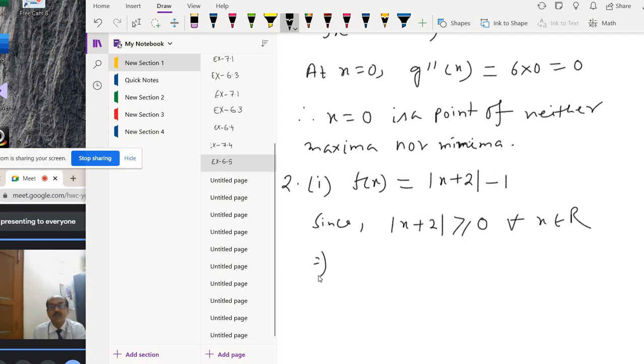Now, mod of x plus 2 minus 1, because of the question, minus 1, this is greater than or equal to minus 1.